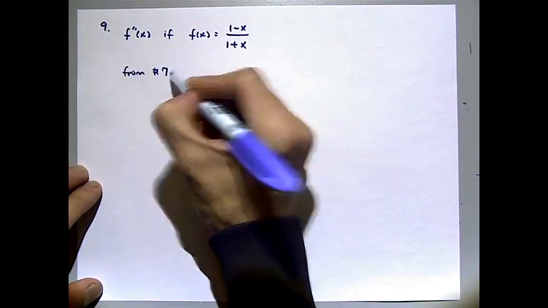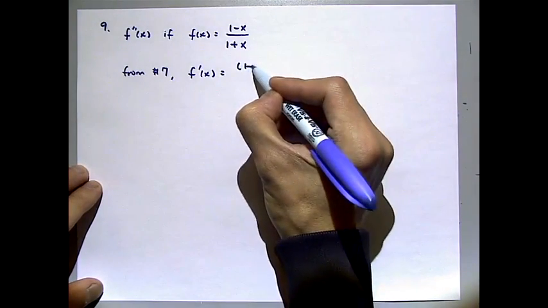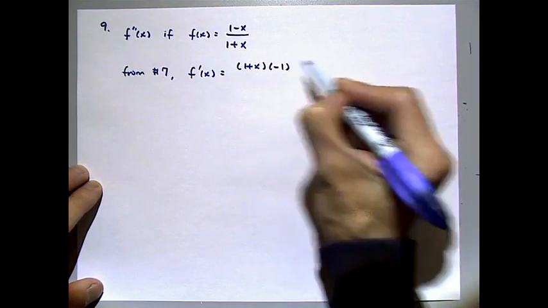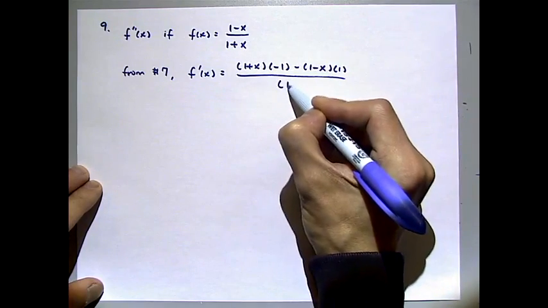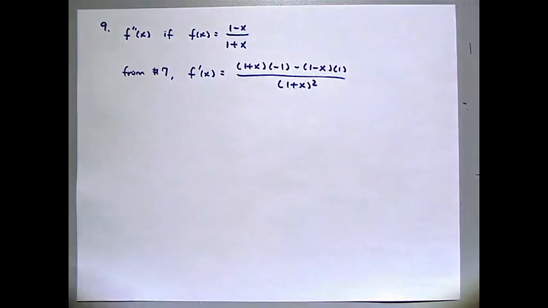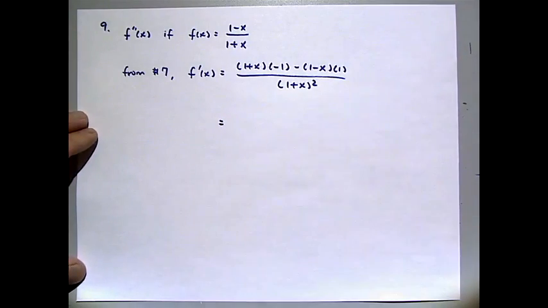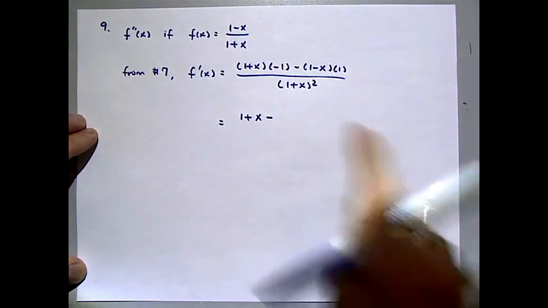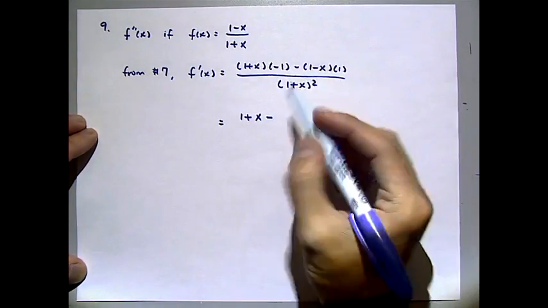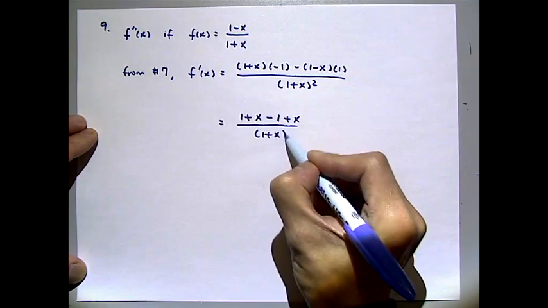From number 7, the first derivative, so I still had to simplify that thing. Now we simplify this a little bit. We get 1 plus x minus, be careful with signs now, minus 1 plus x all over 1 plus x squared.